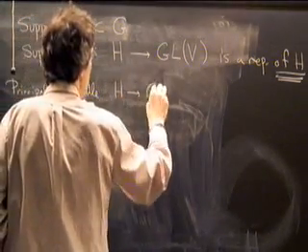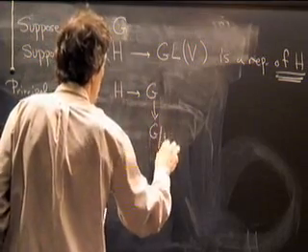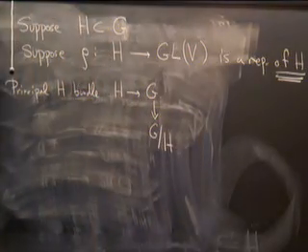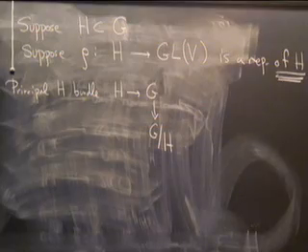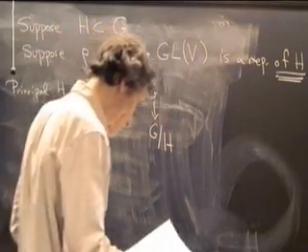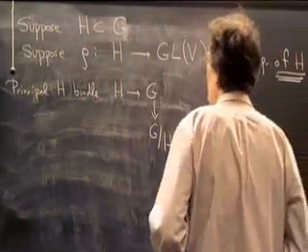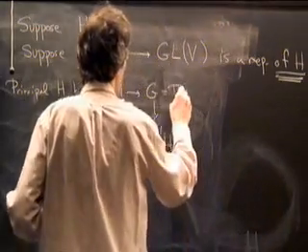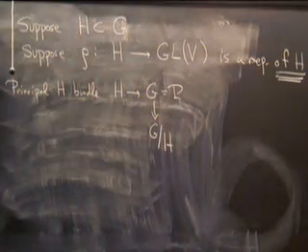We take H into G, and the quotient is the homogeneous space G mod H. So that's a principal bundle where P, the total space of my principal bundle, is the group G.